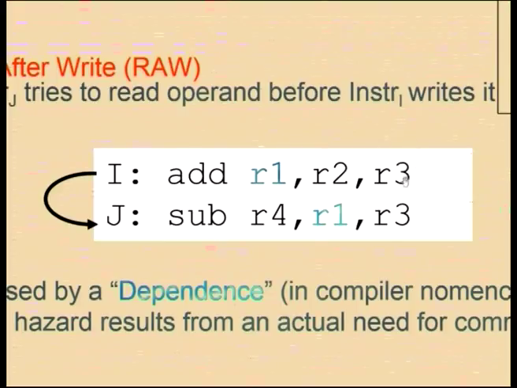So this instruction has to finish first, write into R1, and subsequently the updated value should be read for the source operand of the second instruction. If the read of the second instruction does not happen after the write of the first instruction, it will give rise to a hazard.